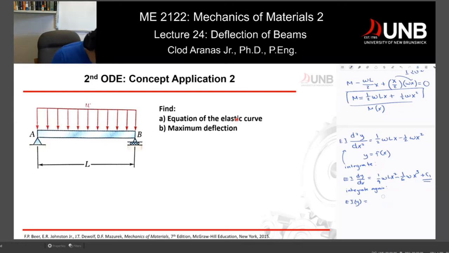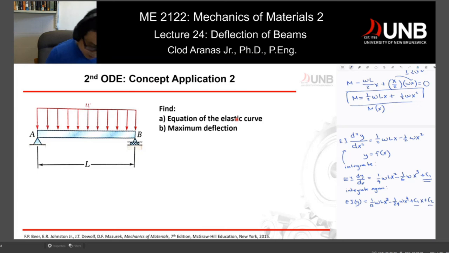Sorry, because in my notes I have the other way. So this should be 1/12 x cubed minus 1 over 24 x to the fourth plus now C1x plus C2.